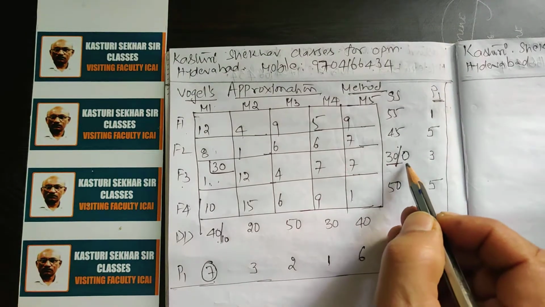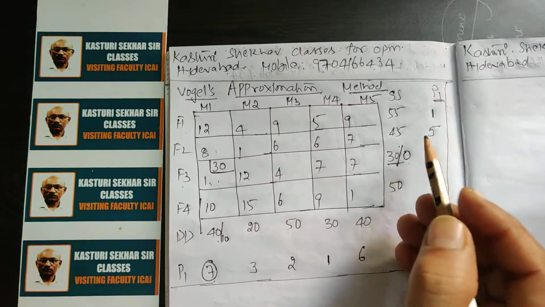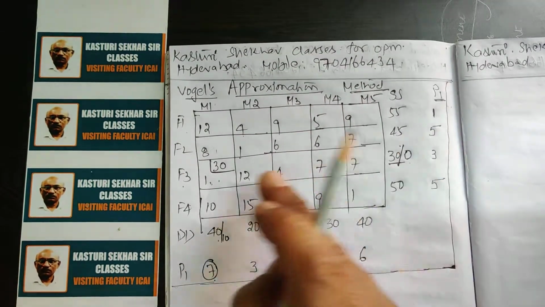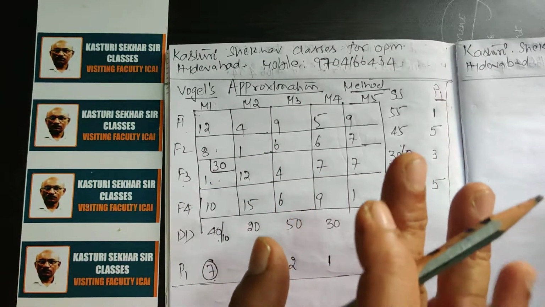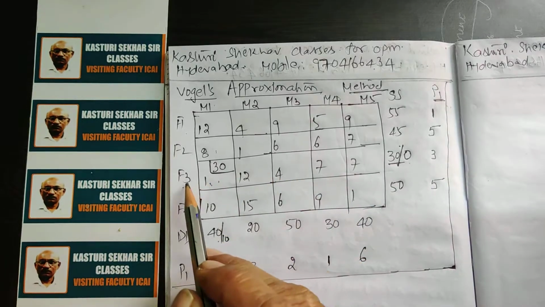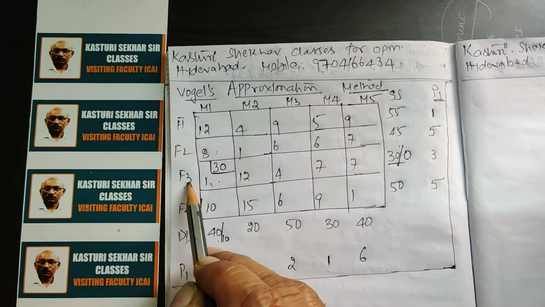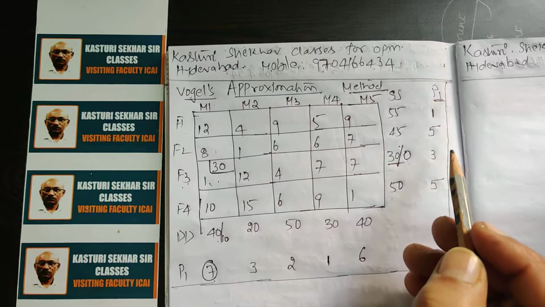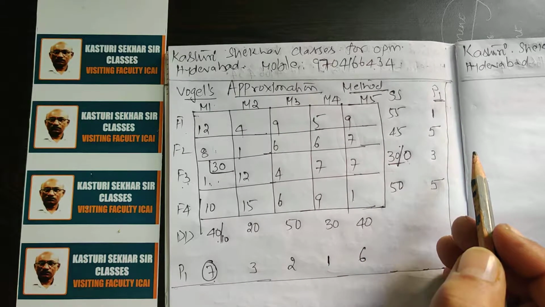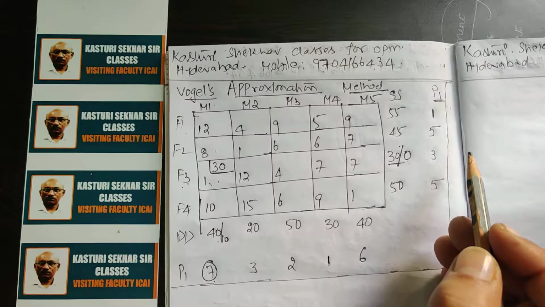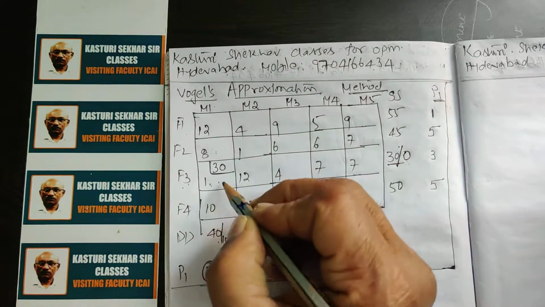Now sir, 0 means what? You cannot supply the goods from this factory to any market further. Again I am repeating, corresponding to this factory 3, supply is 0. It means its capacity is exhausted. We cannot supply the goods from this factory to any market.